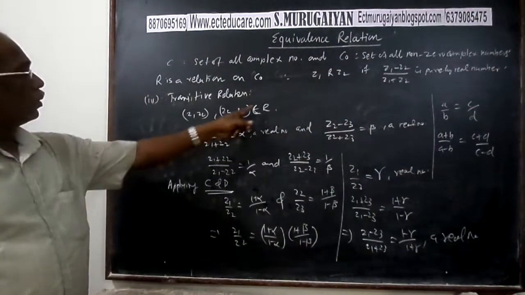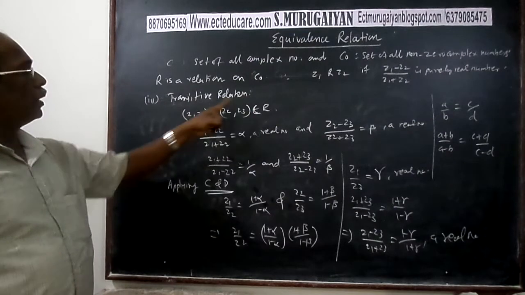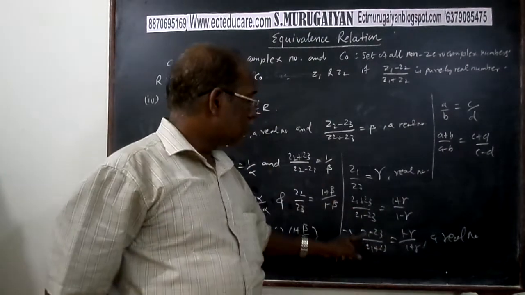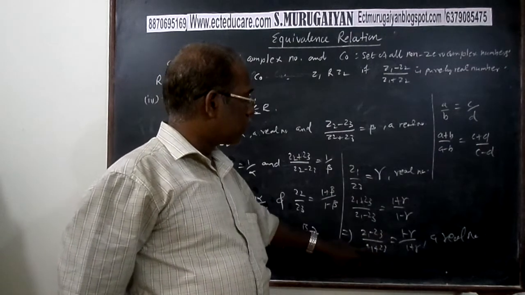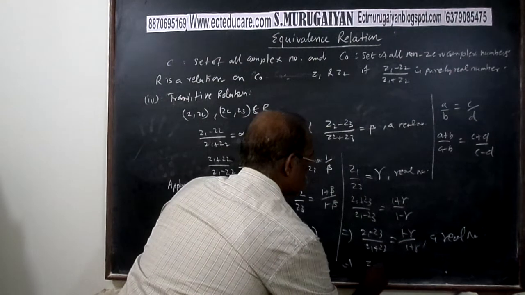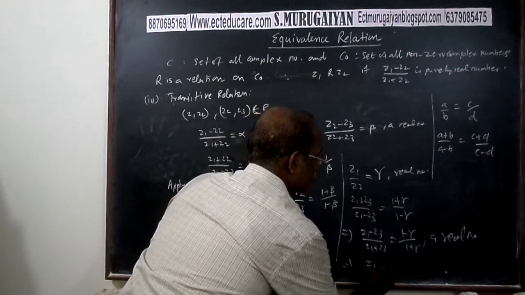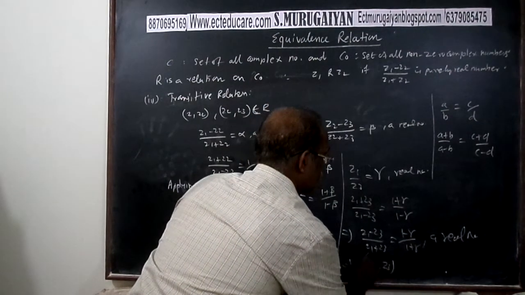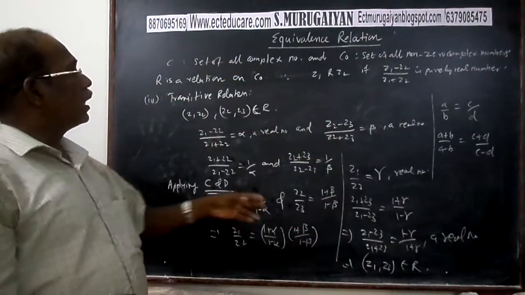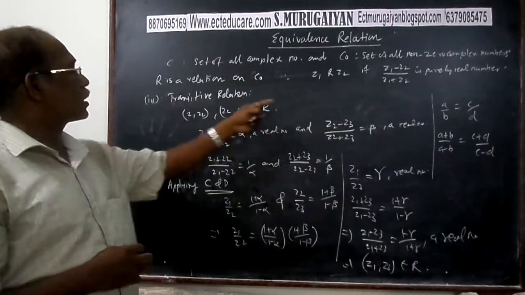See, for the two members (Z1, Z2) belongs to R and (Z2, Z3) belongs to R, we have concluded (Z1 minus Z3) by (Z1 plus Z3) is also a real number. What is the conclusion? For the pre-image Z1, the corresponding image Z3 is also part of the relation. So this shows that the relation is transitive.